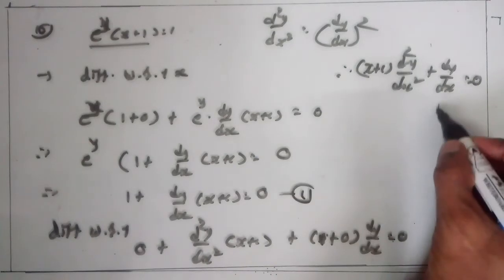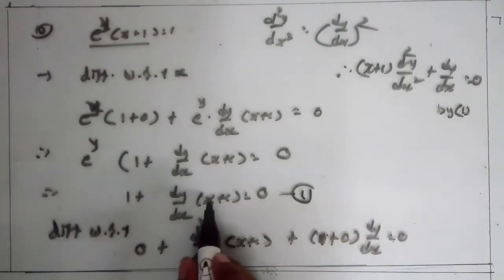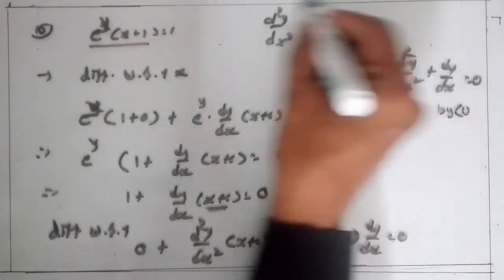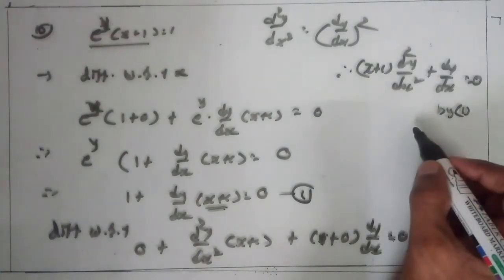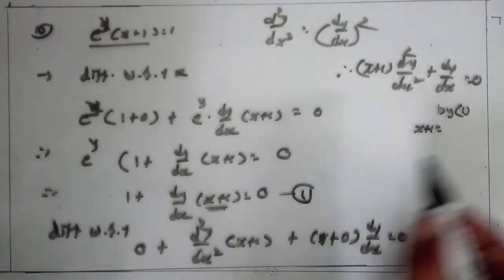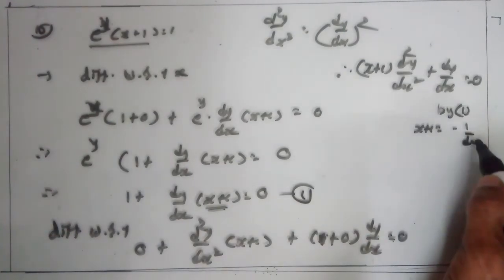Now, by 1, here x + 1 we formulate this, because x + 1 is not a required term in this expression. So x + 1 = 1, take this side, so minus 1, divide by this, so upon dy/dx. Clear this?